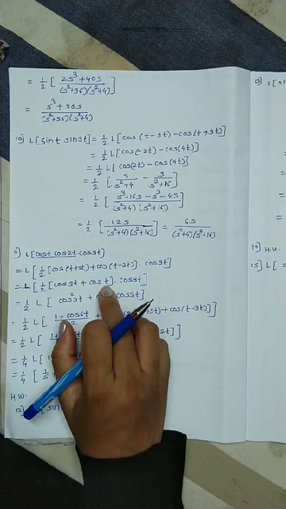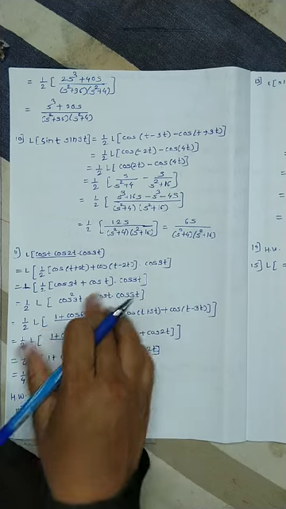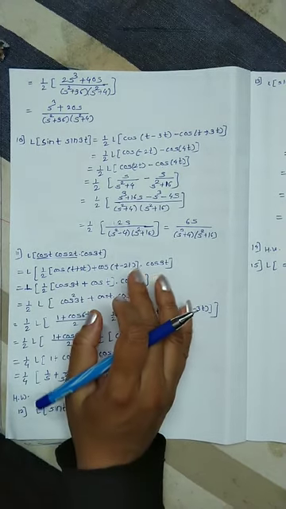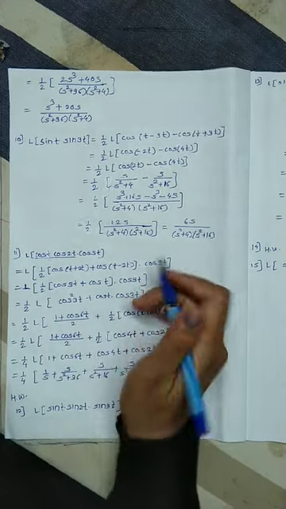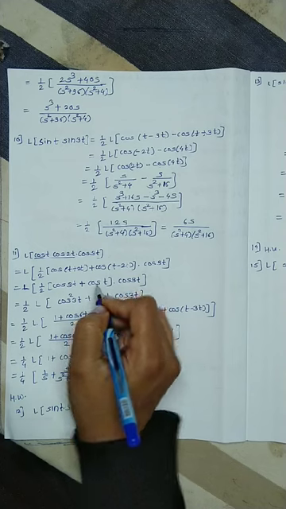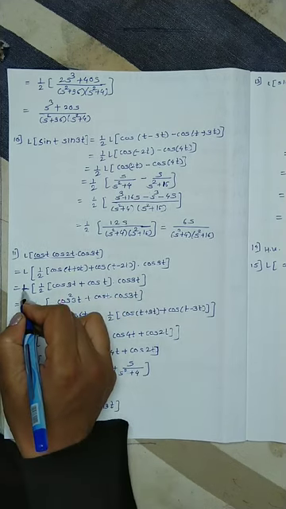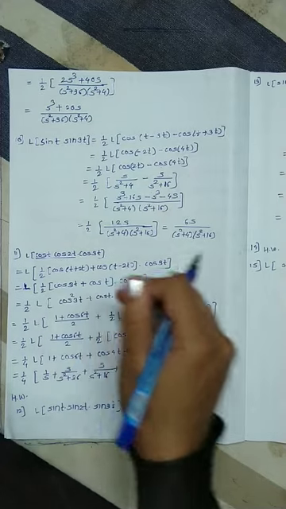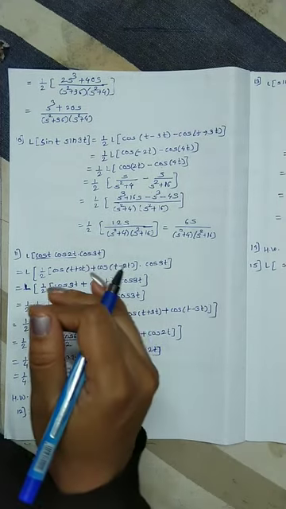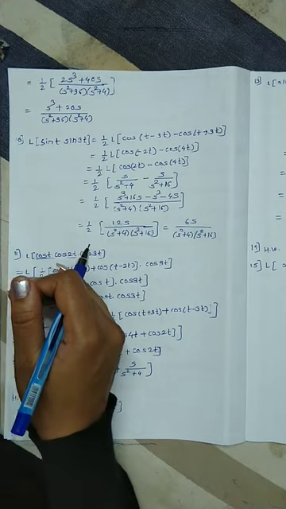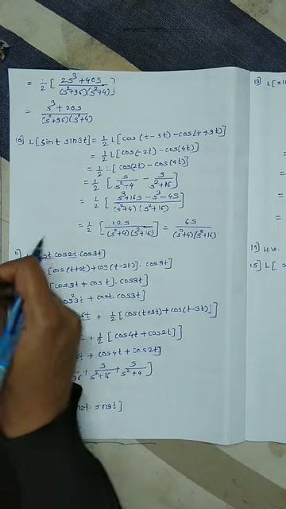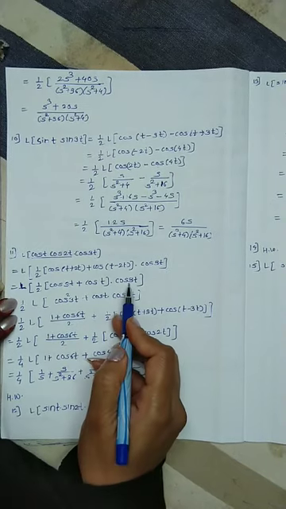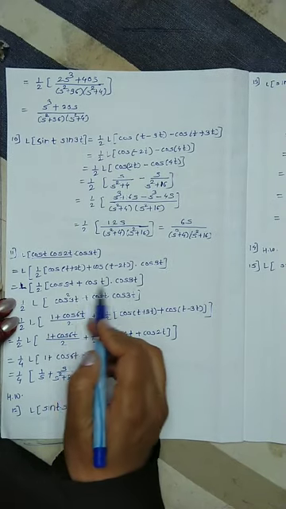Soon after, if we practice all these things, we can skip some of these simple steps also. This is cos t. Now this half we take outside, Laplace as it is. Until we get separate cos or sine terms, we cannot take Laplace inside. Now half gets outside and we multiply cos 3t inside with each term.